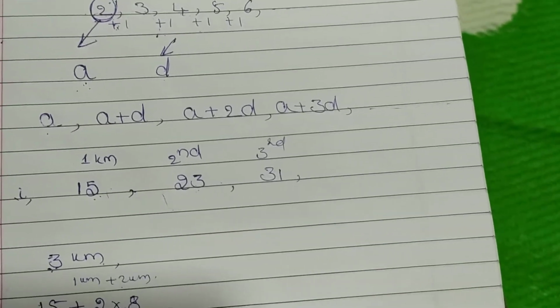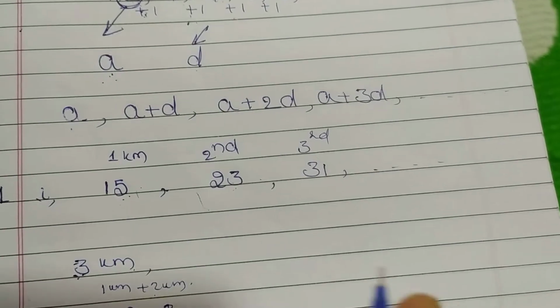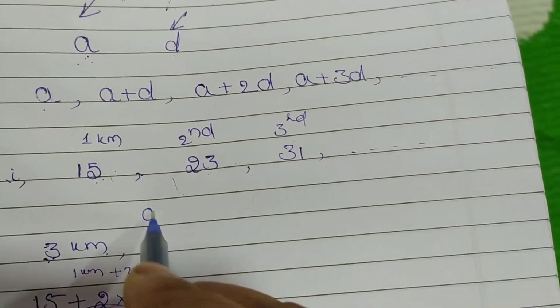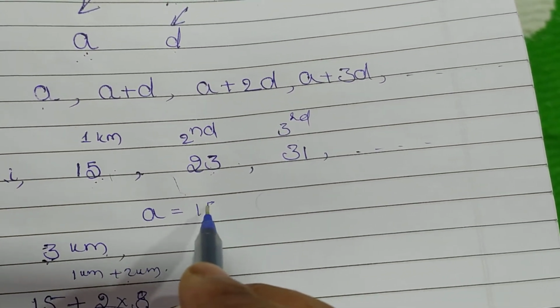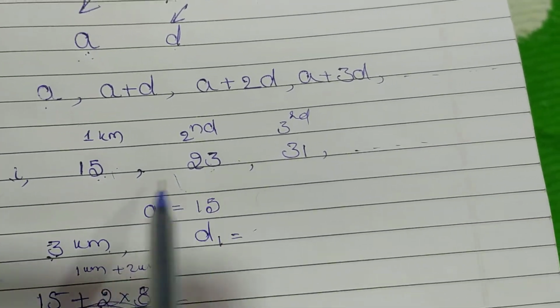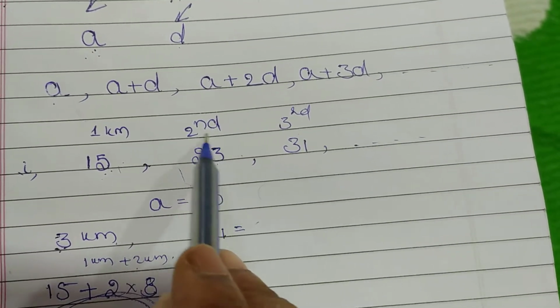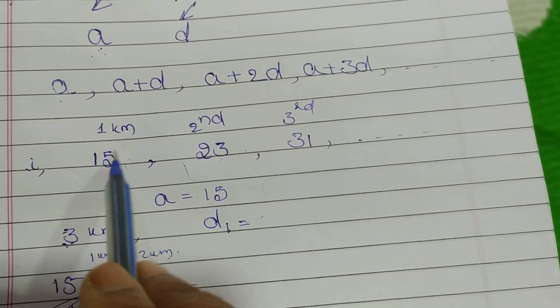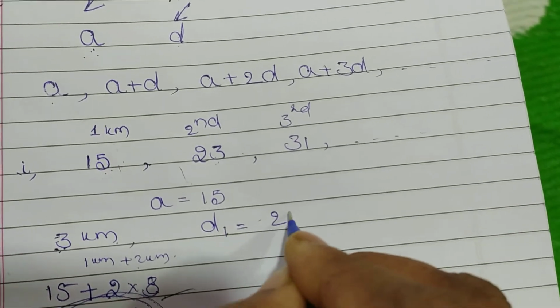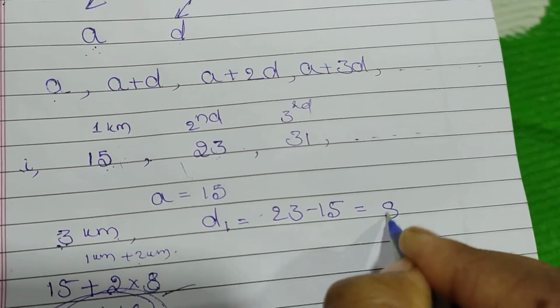Now you have to check whether the given one forms an AP or not. Here A, the first term, is 15. What is the common difference? Second term minus the first term: 23 minus 15 is 8.